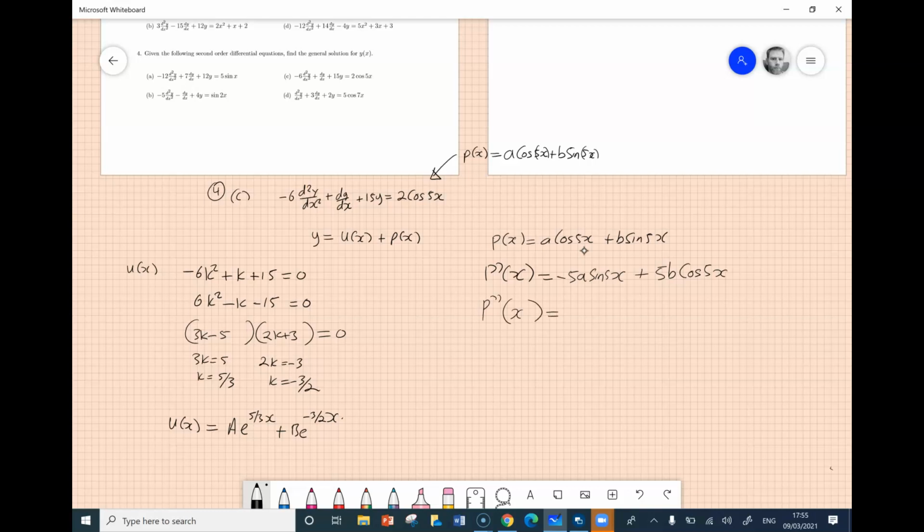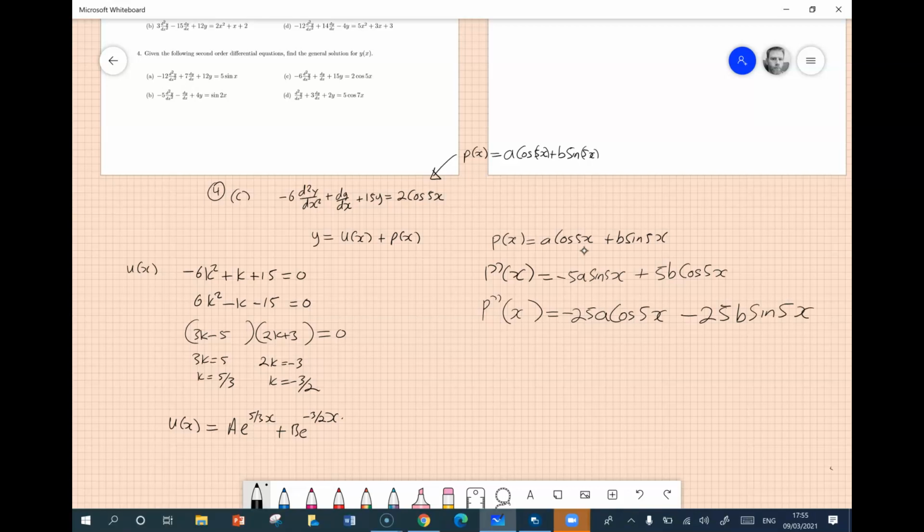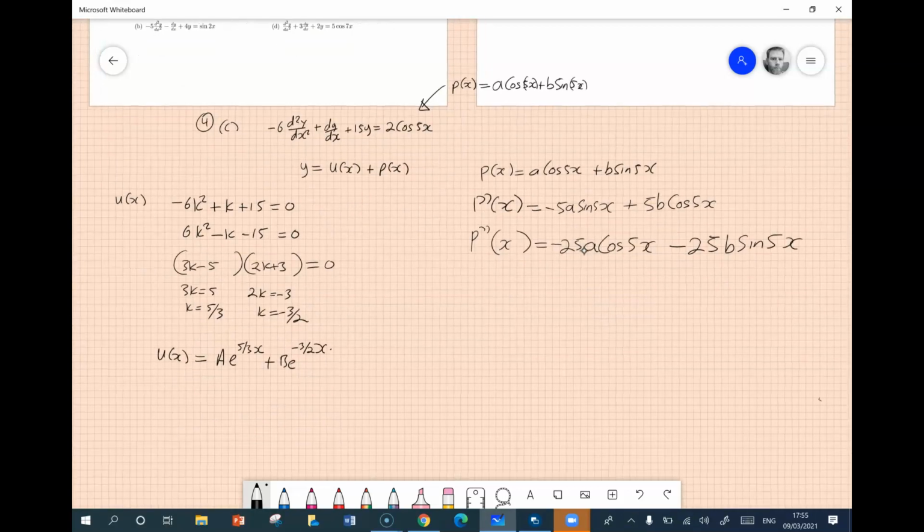So our second derivative is going to be minus 25a cos 5x and then minus 25b sine 5x. Okay, so we're going to sub those derivatives into the original equation.